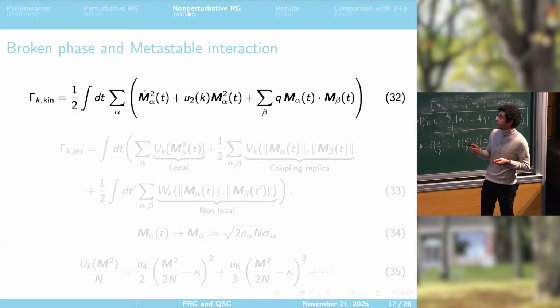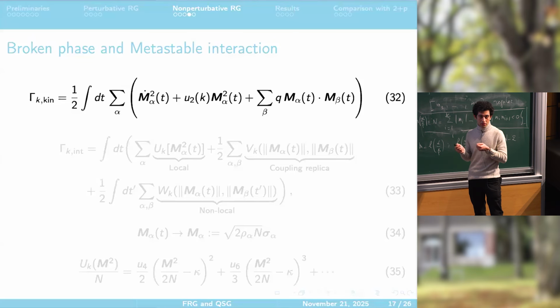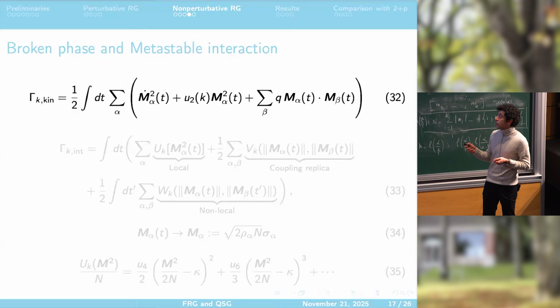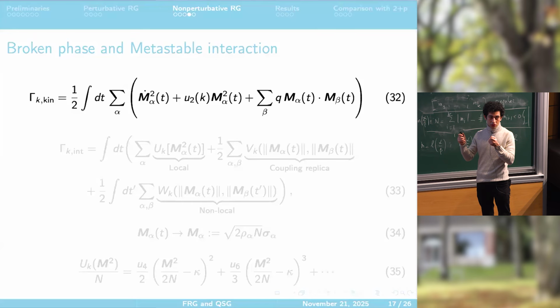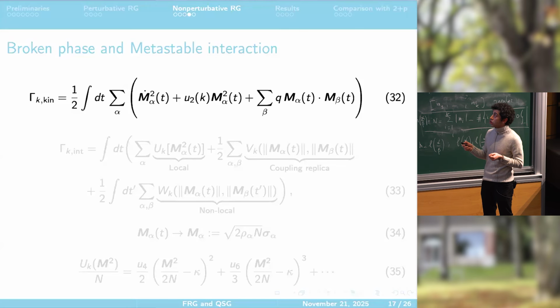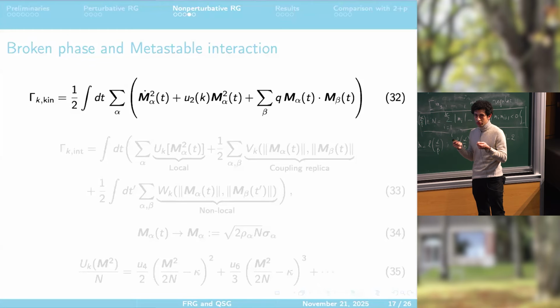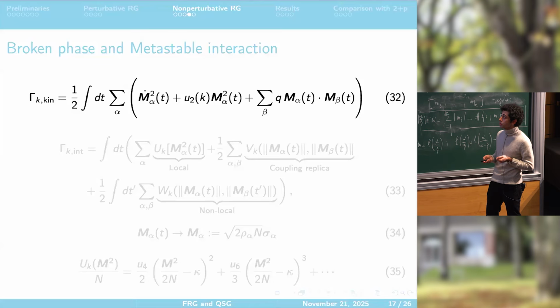That came from the fact that we didn't have any coupling of different replicas at the same time, and now we break it explicitly. We modify our kinetic average effective action: we have again the same terms as before, but we add this term that couples two fields from two replicas at the same time, and we call Q the strength of the coupling of these replicas.